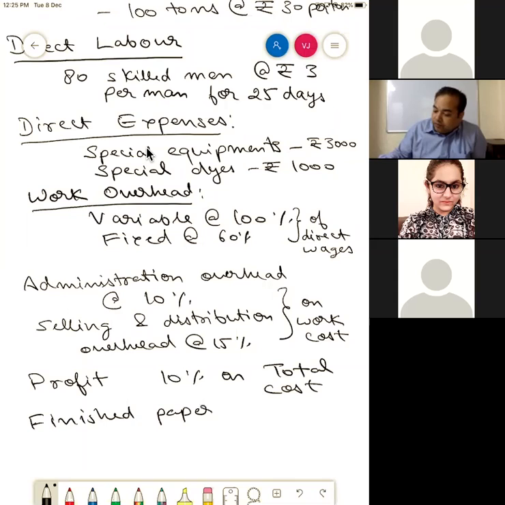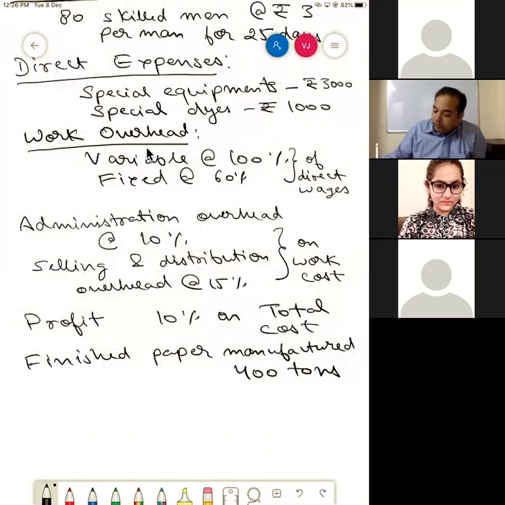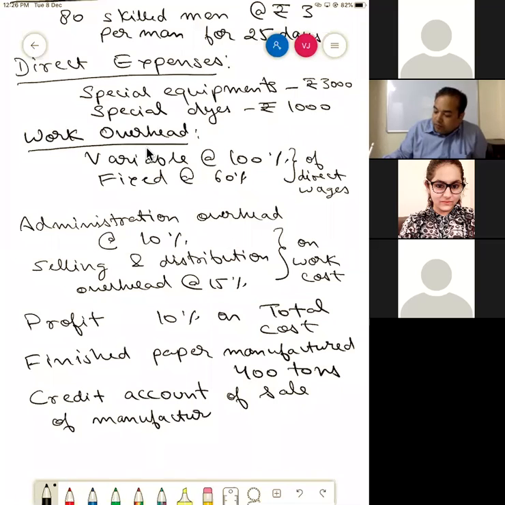Finished paper manufactured 400 tons. Credit account of sale of manufacture of waste rupees 800.